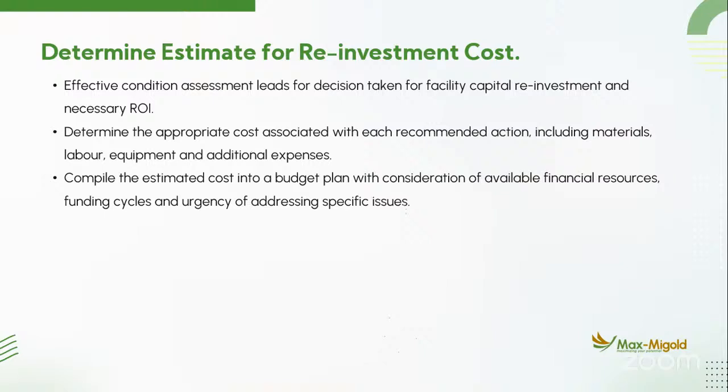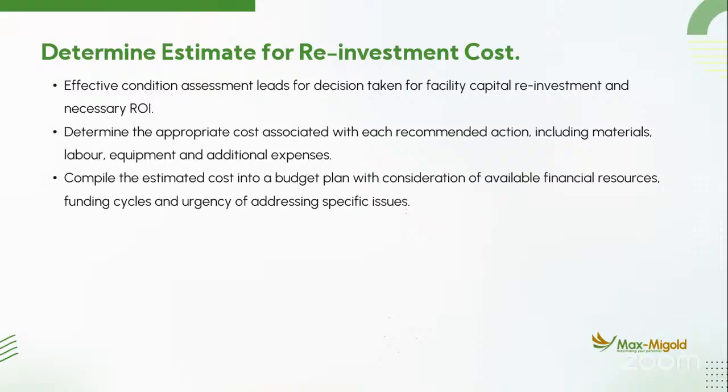So remember, when we have already broken down the entire building into components and assigned costs to them, you are able to see the cost in terms of labor, in terms of material, in terms of equipment, and any other associated additional costs.